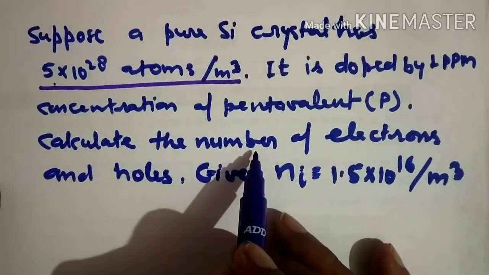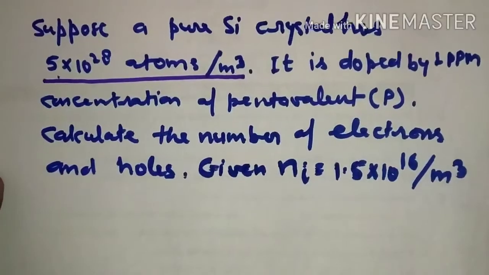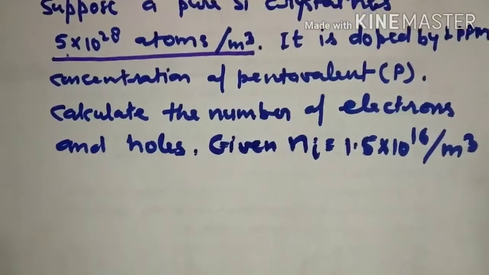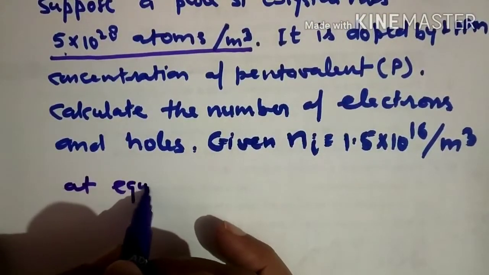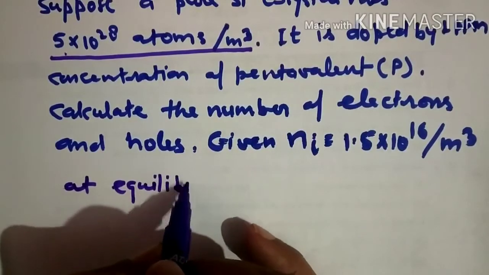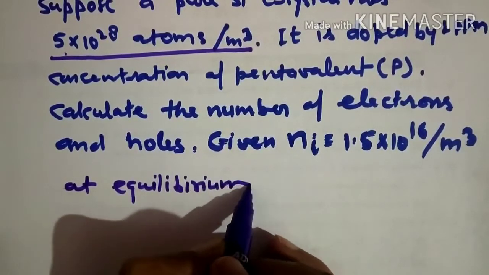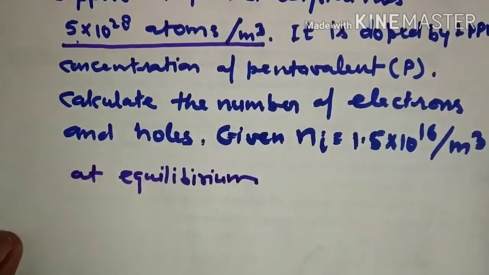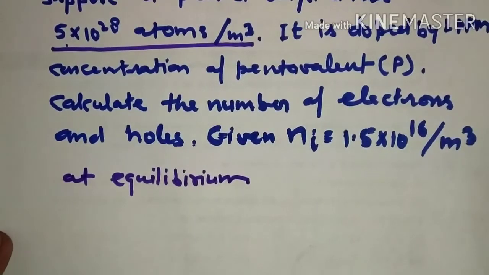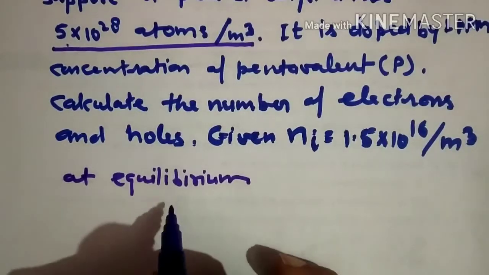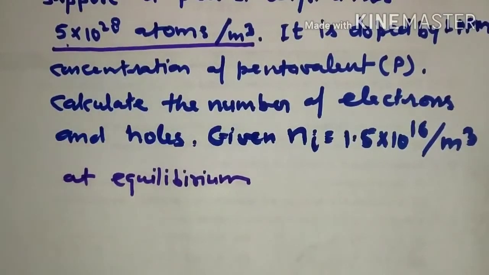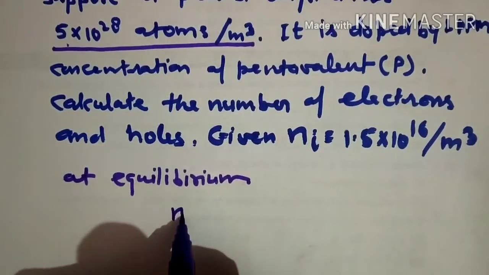Now we have to calculate the number of electrons and the holes. We know that at equilibrium, the total current carriers, meaning the electrons and the holes, have a number density represented by Ni.